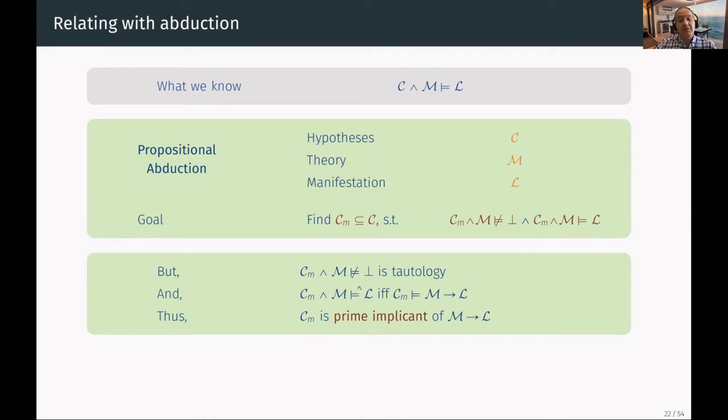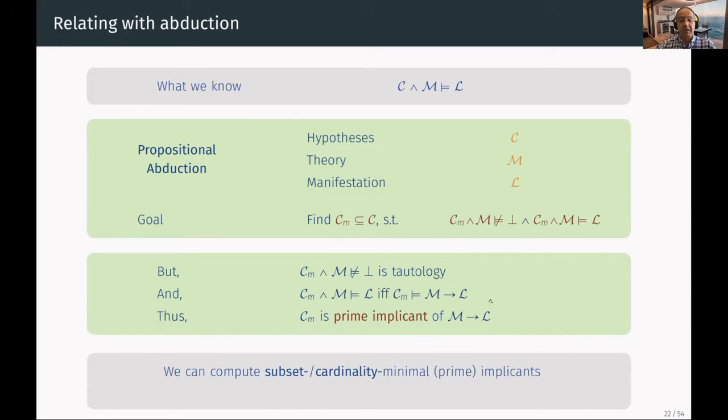I can transform this entailment shown here as follows. I want the set of literals that I'm picking to entail M implies the output literal. And if I do this, then the set of literals that I'm picking is a prime implicant of this function, M implies the output literal. This means that we equate explanations with prime implicants, number one.